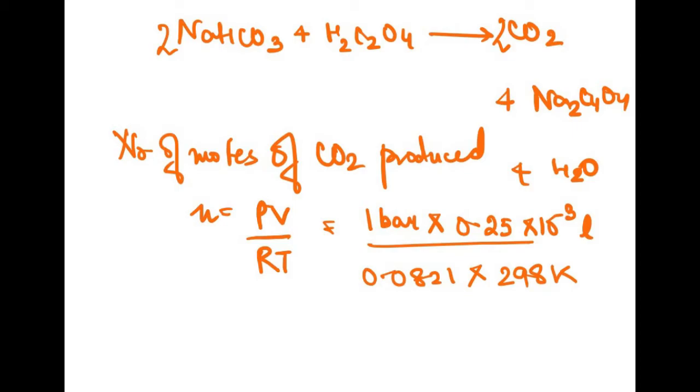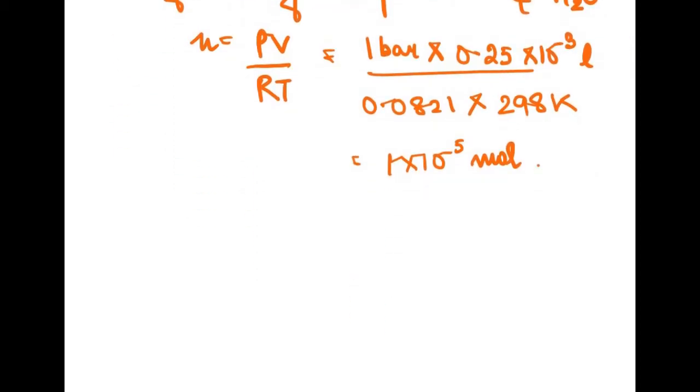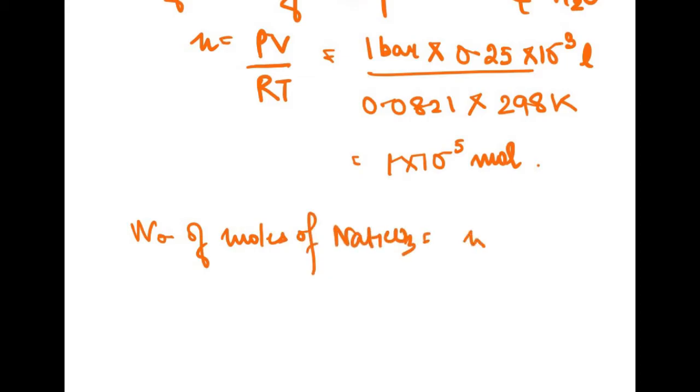Clear? So upon calculation, you should get 1 into 10 to the power minus 5 mole. Okay, so this is done. Now, how would you calculate the number of moles of bicarbonate? It would be weight of bicarbonate.